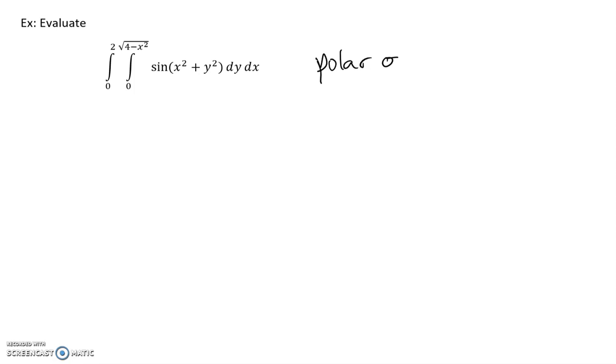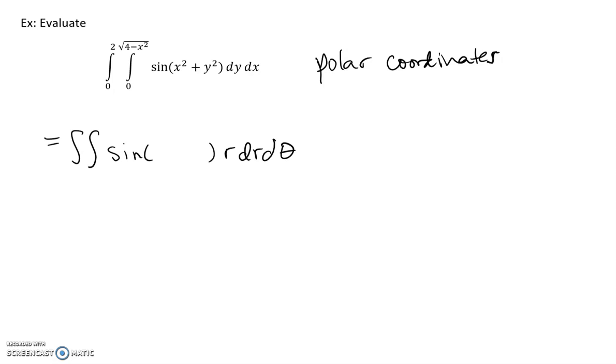Well, when we do this, we're going to have to think about how we find what those r and theta bounds are going to be, right? We're going to try and switch this to an integral of sine of something, and then we're going to have r dr d theta. So first off, two different things we have to figure out: what goes inside of sine, and what are my bounds.